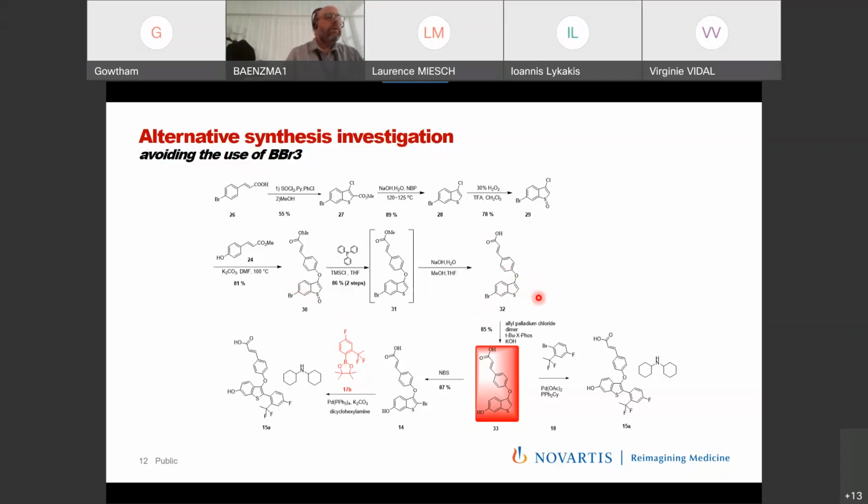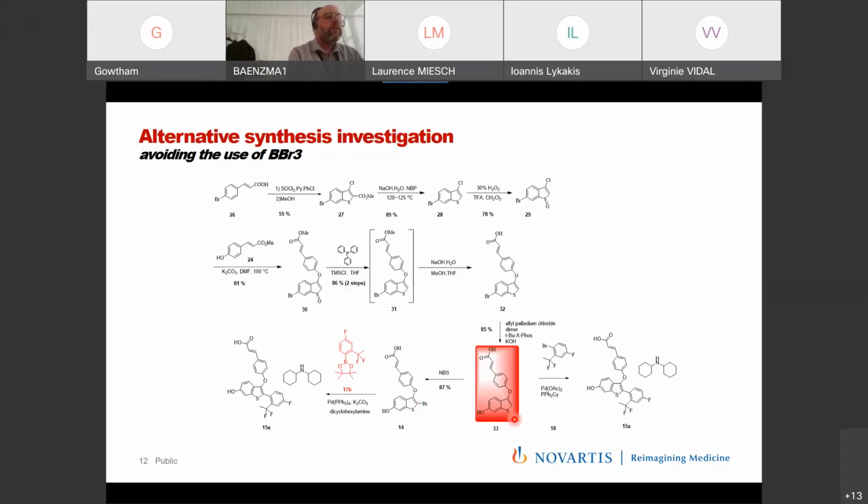So the conversion of a bromoaromatic to the phenol under palladium catalysis with tert-butyl XPhos and potassium hydroxide. And from this compound 33, which was a known impurity actually coming from the Suzuki coupling, we could go both ways. We could brominate to the 2-bromo benzothiazine system and then go via the Suzuki route.